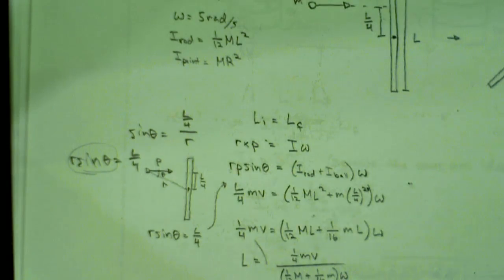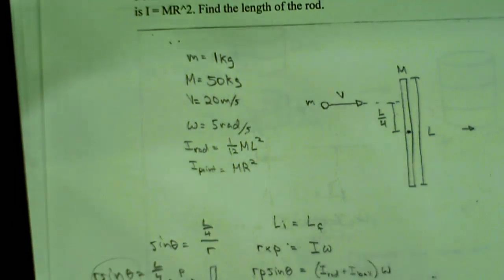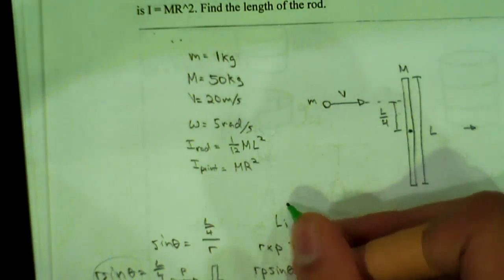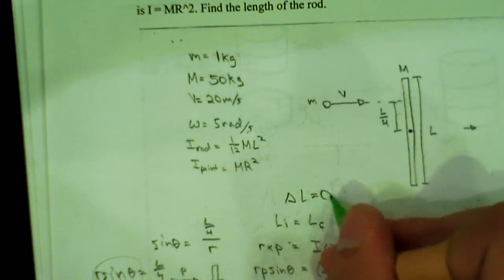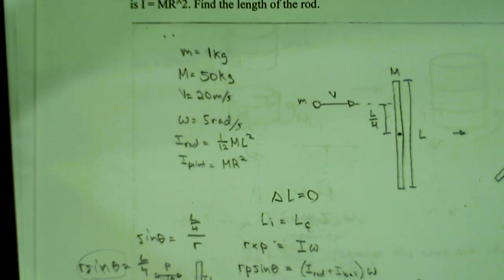This equation right here, Li equals Lf, is the fundamental for conservation of angular momentum. It's basically saying that the angular momentum is not changing. Similar to collisions in linear motion, we always have conservation of momentum unless there's an external force acting on it.